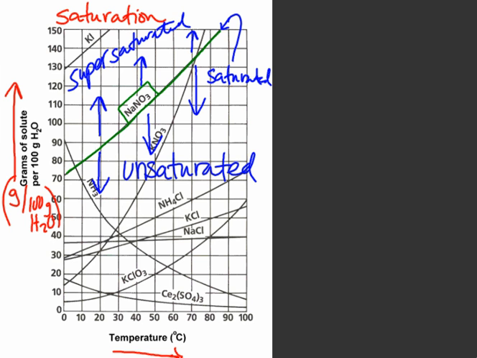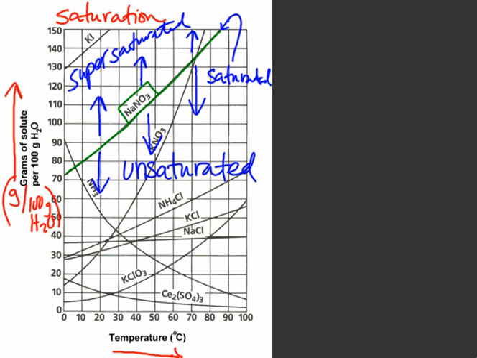One of the very first types of problems you're going to have is, is this solution saturated, unsaturated, or supersaturated? Let's take a look at sodium nitrate again, and let's say I had 80 grams of sodium nitrate dissolved in 100 grams of water at 30 degrees Celsius.